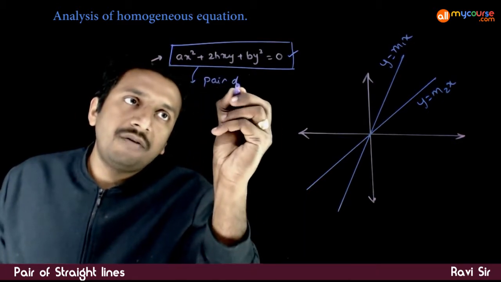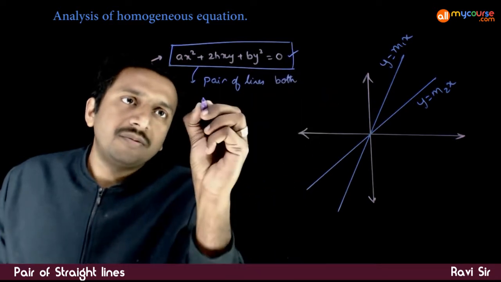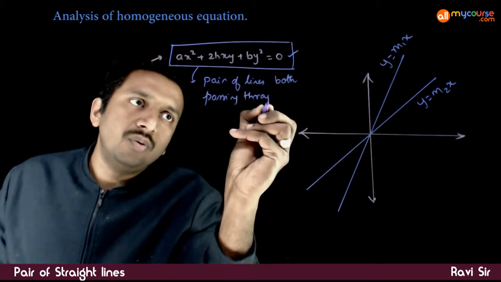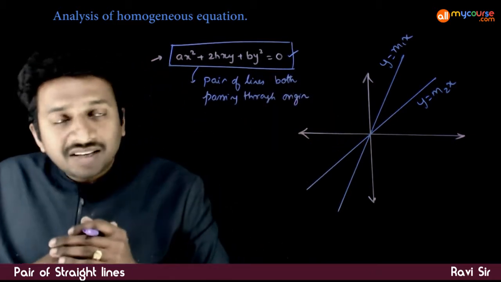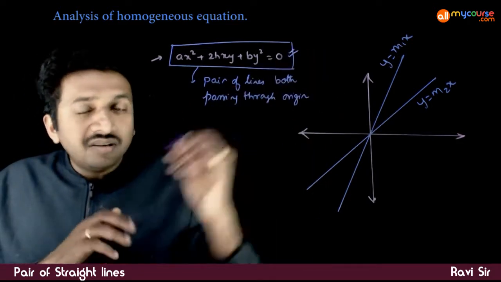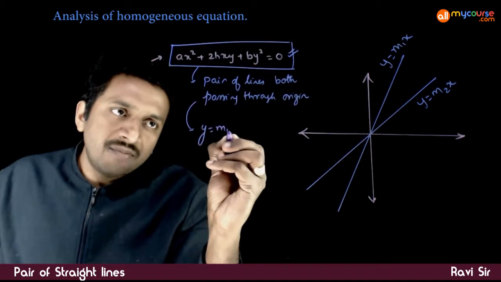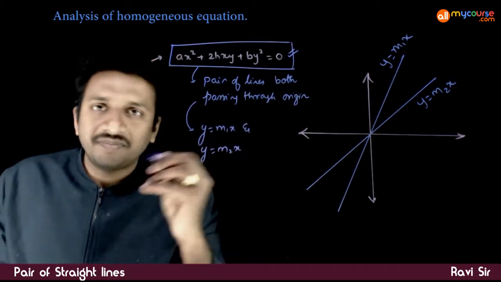So pair of lines, both passing through origin. So let us say that this equation is made up of lines y is equal to m1x and y is equal to m2x.